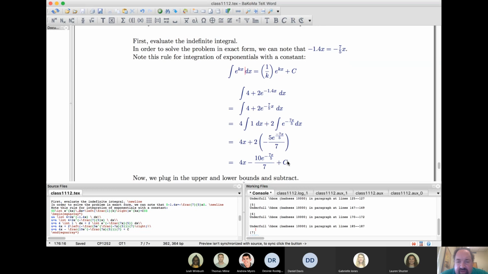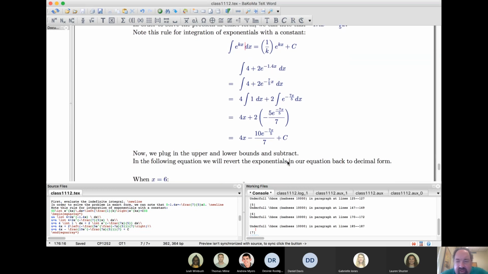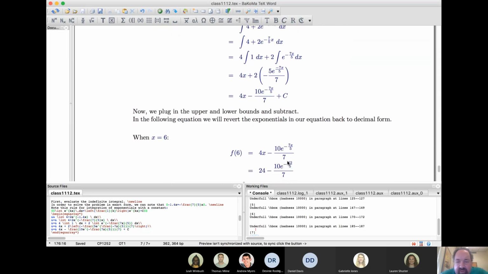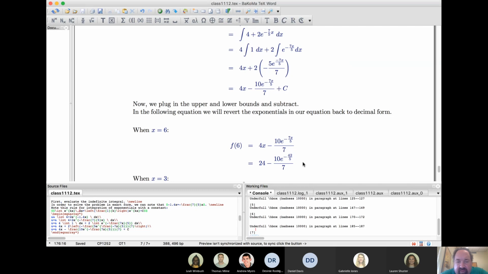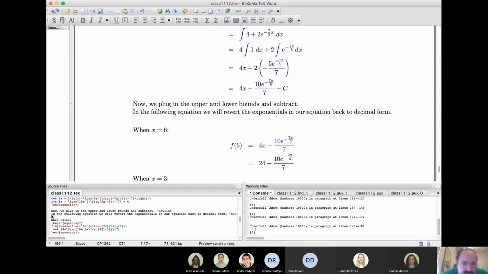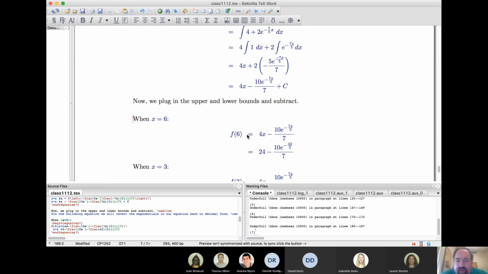And we'll just clean up the constants, and that is our antiderivative. So now I go ahead and substitute in the limits.